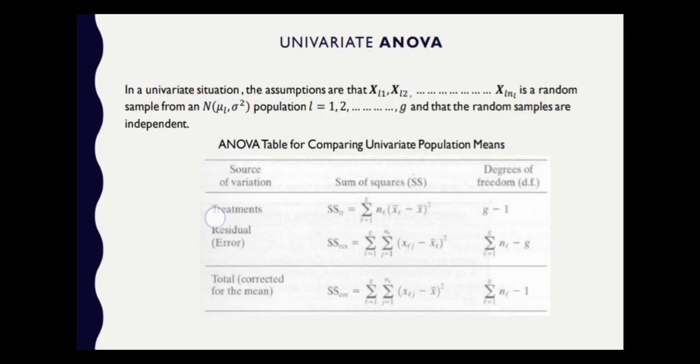So you will have the populations, matrix of x11 until matrix of x1 and 1.